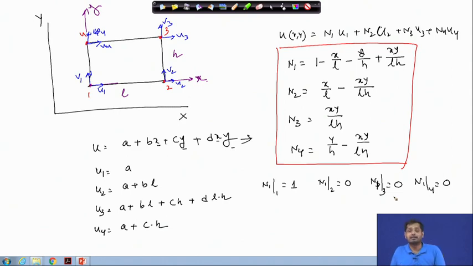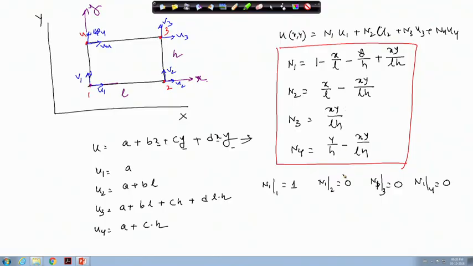Now, not only that, there is another property called the partition of unity property. At any intermediate point, if you sum all the shape functions, the sum will be 1. So, let us do this exercise.